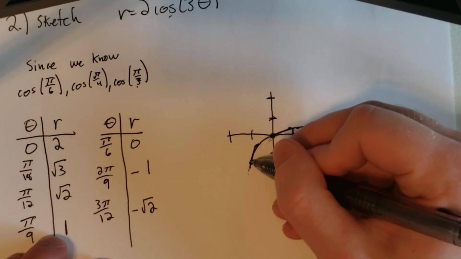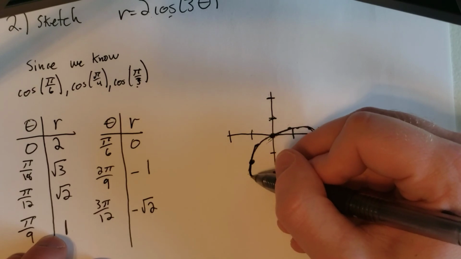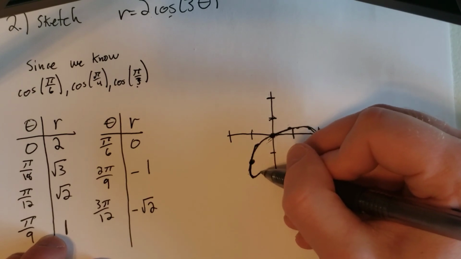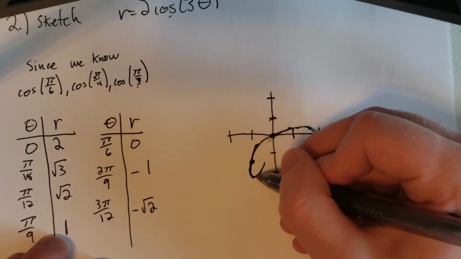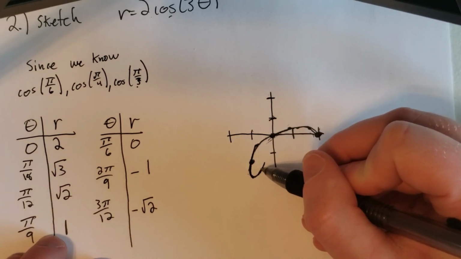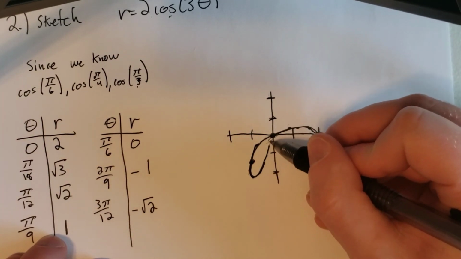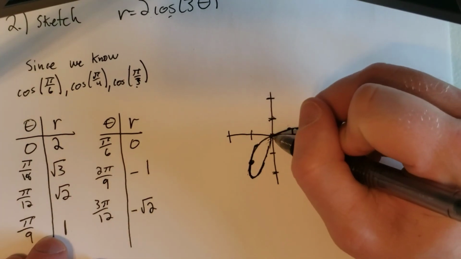And from here, I'm going to use the knowledge that we have of what the 3-leaf rose will look like, which again, you can go look at on page 599. And this problem finishes out just like this.